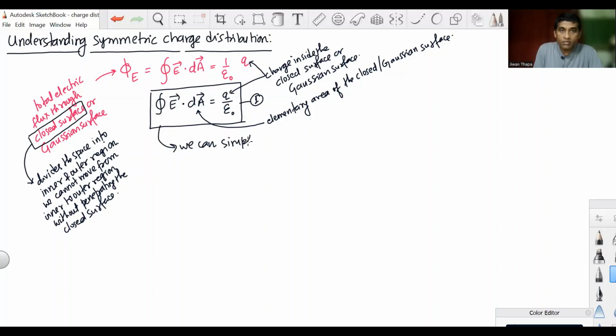Now we can simplify equation 1 and determine the electric field. So on simplification of equation 1, we can calculate or determine the value of electric field.